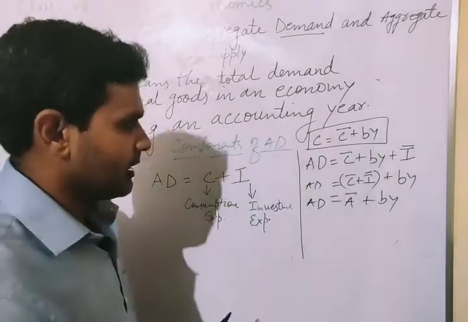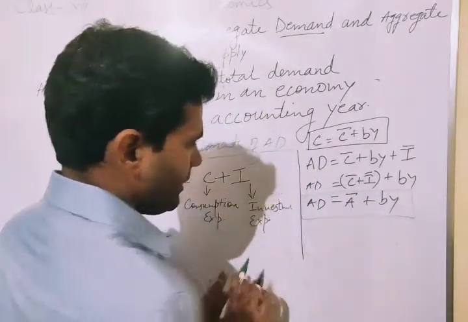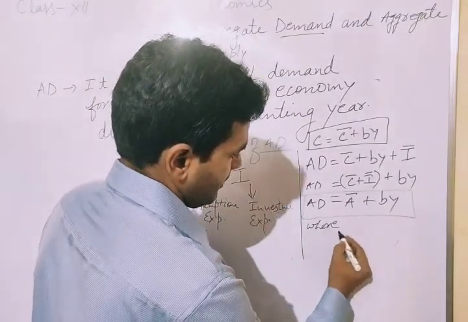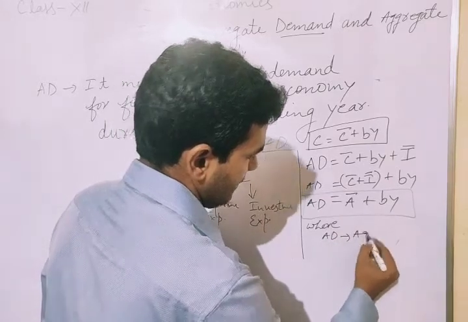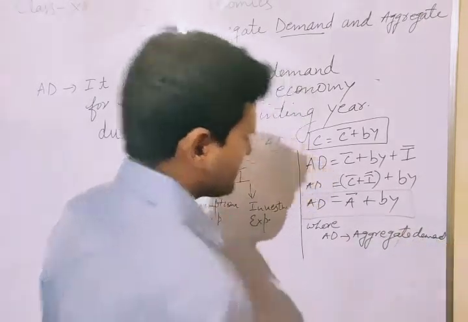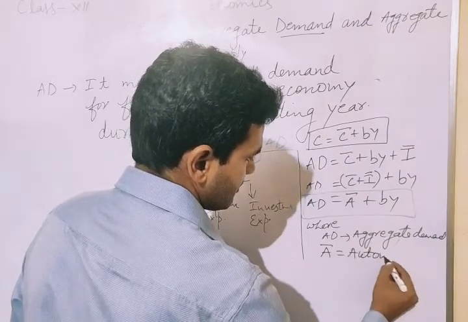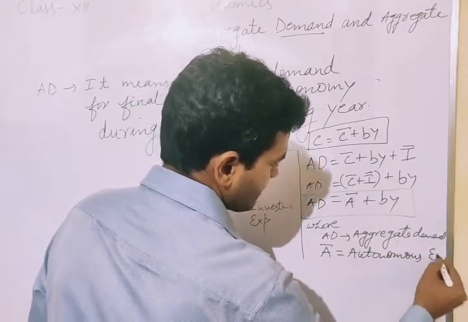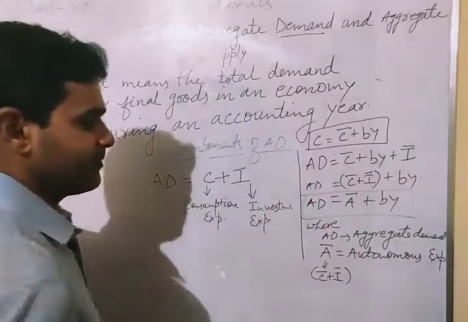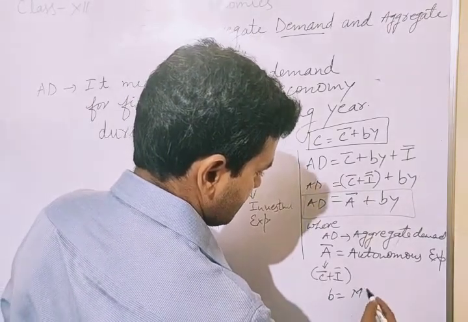This is the required equation of aggregate demand, where AD stands for aggregate demand, A bar stands for autonomous expenditure, which is the combination of C bar plus I bar, and b is the MPC, marginal propensity to consume.